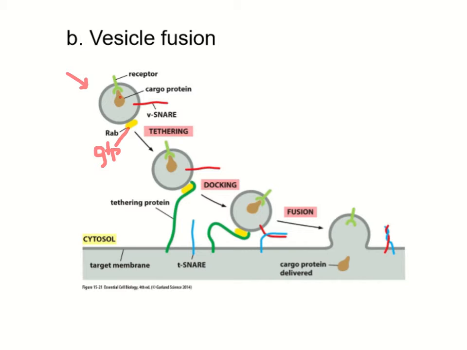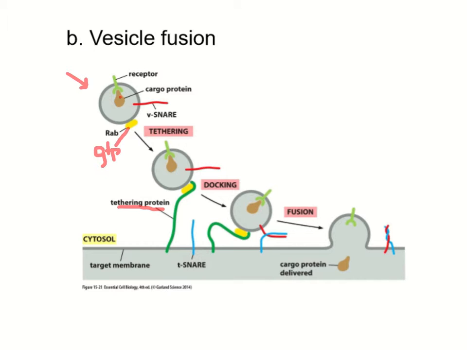So the first thing that happens is there's a tethering protein from the target membrane, this green long protein that will attach to the RAB, the GTPase, and that starts kind of a timer in a sense. The GTPase is going to work to hydrolyze the GTP, and when that happens, the RAB will disconnect from the tether.